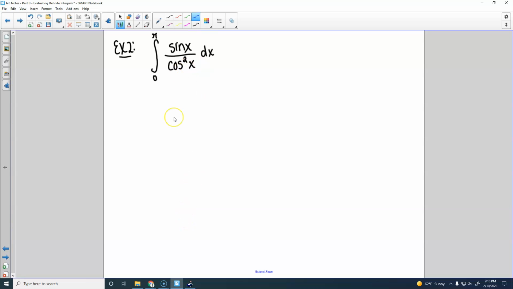Okay, so whenever you see this, sine x over cosine squared x dx, we don't have a quotient rule for integration. We don't know how to integrate anything that looks like a fraction. So if you see something like this on your assignment, there's going to be some way of getting it to match one of those 6 integral rules that I just put up on the screen.